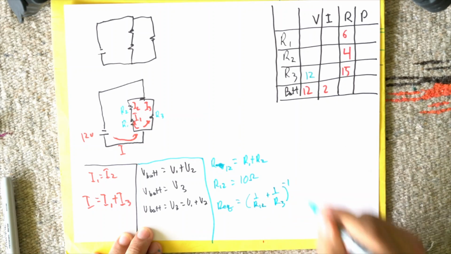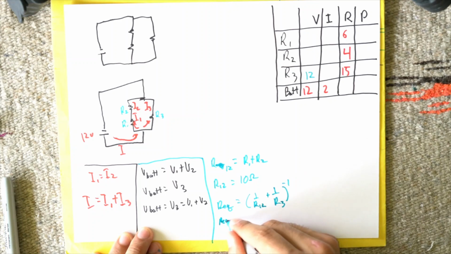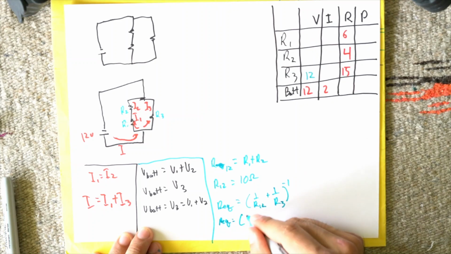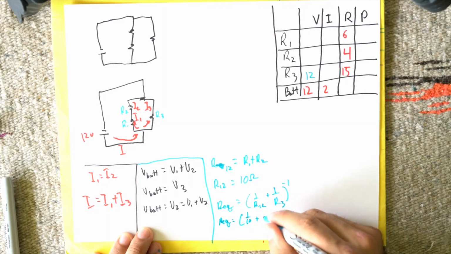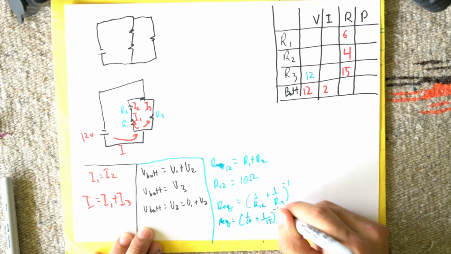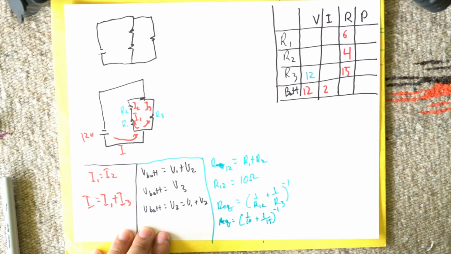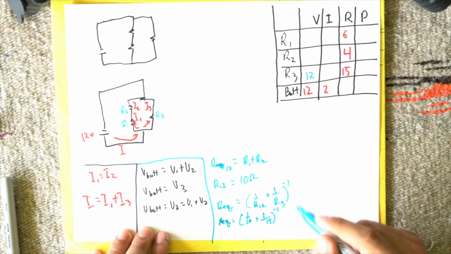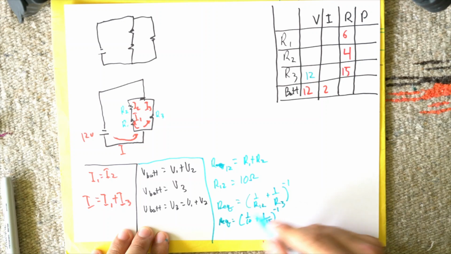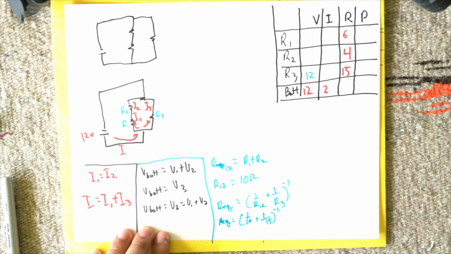Do you see that? So then R equivalent is going to equal 1 over 10 plus 1 over 15, to the negative 1. If you do that, that'd be 30. That would be 2 over 30, 3 over 30, 5 over 30, and then to the negative 1, so that's 30 over 5.